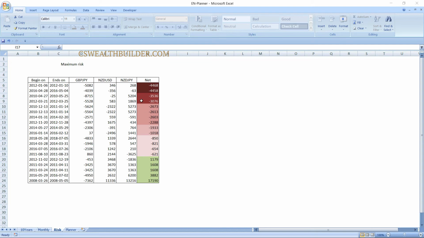Let's be honest. So losses between 3 grand and 4 grand, it happened twice in 10 years. Okay, between 2 and 3 grand, it happened 4 times in 10 years. And the rest is what I'm calculating like normal variation of the account.